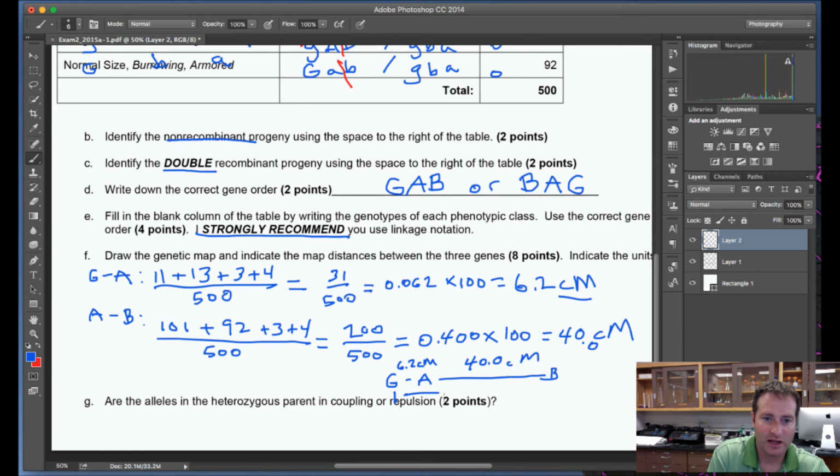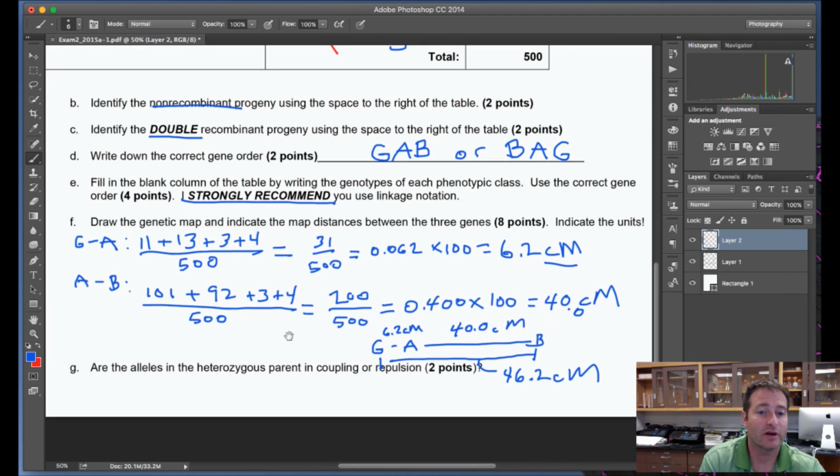And then you want to indicate that you understand that map units are additive, and this is 46.2 centimorgans. You do not have to do this math to calculate the distance between G and B. That's the point of doing a three-point cross. Okay, so that's the bulk of the question.